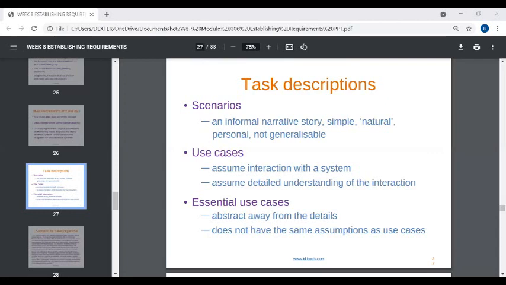So this division between user and system responsibility can be very helpful during conceptual design when considering task allocation and system scope, for example, what the user is responsible for and what the system is to do.